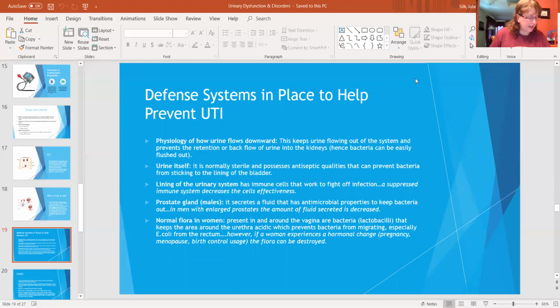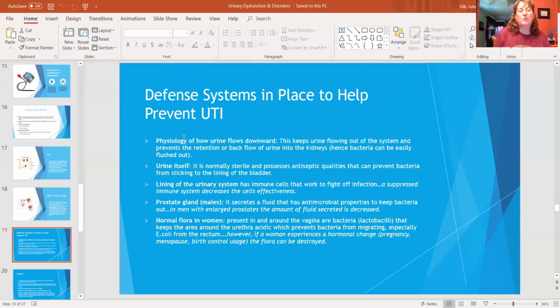All right, so our body has certain things in place that help prevent UTIs. So these are some of the things that I just listed here. So just how urine flows downward. This keeps the urine flowing out of the system and prevents retention or backflow of urine into the kidneys. The urine itself is normally really sterile-like, and it has antiseptic qualities to it, so it can prevent bacteria from sticking to the lining of the bladder.